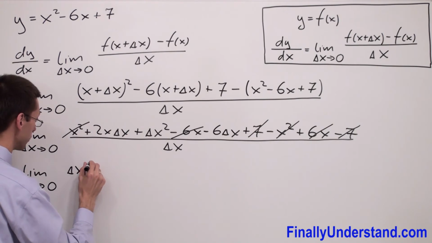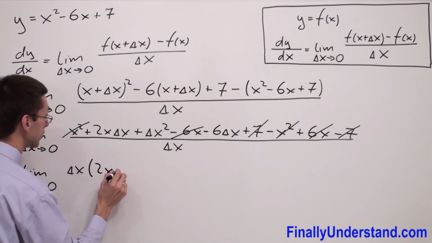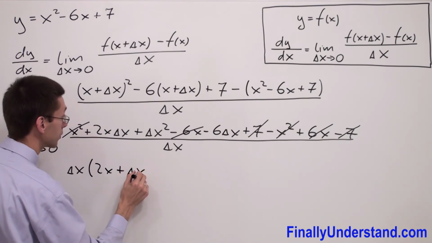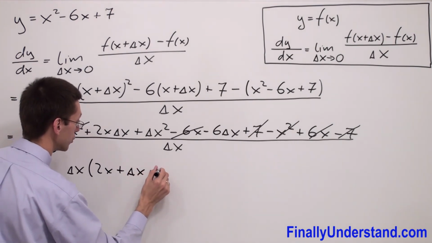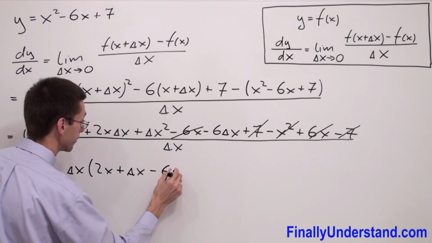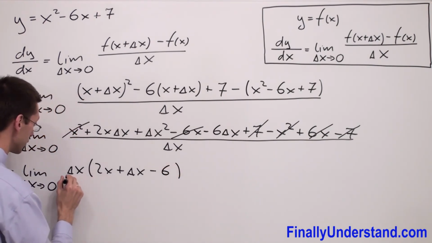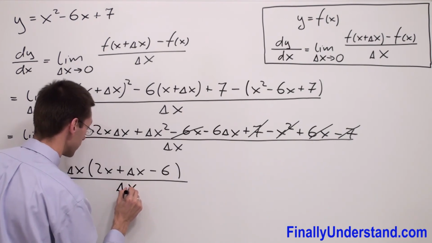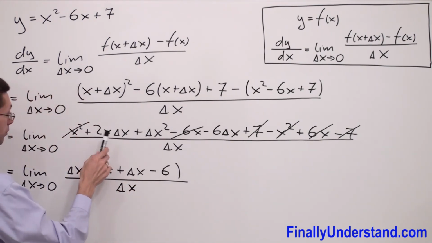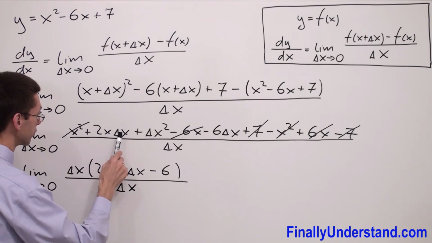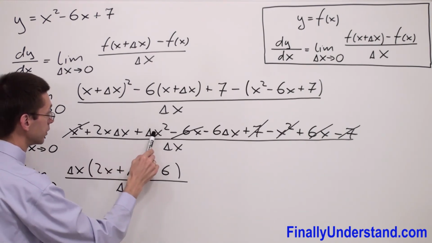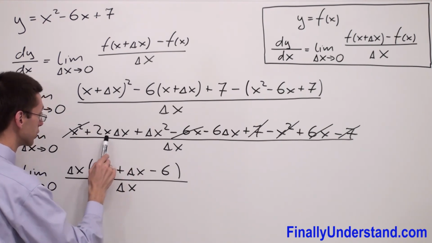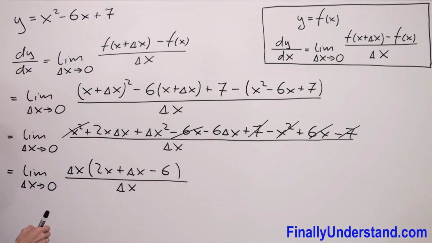Okay, so I have 2x plus delta x minus 6, close parenthesis, over delta x. Let me remind you, I factorize from this term, this one, and this one, delta x, because delta x is the common factor for these three terms.